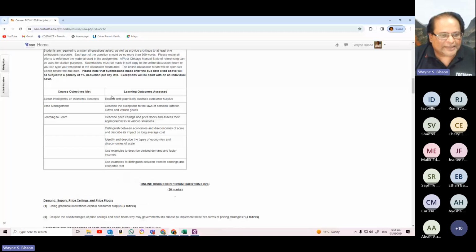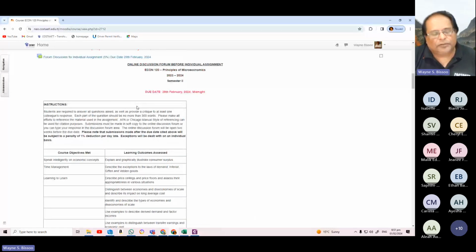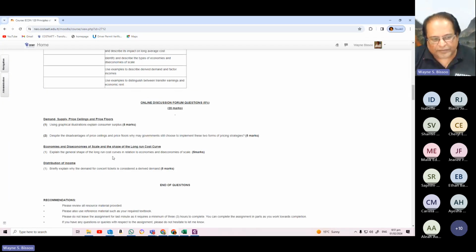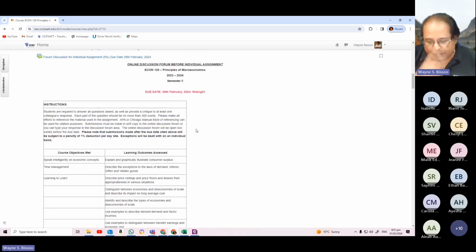Now, one of the key things I'm going to be looking at in your forum discussions is the way in which you do citation, because the questions themselves are not difficult, but how you do your citation and citation notation is going to be critical for me, because I find that is where most students have the biggest challenges when it comes to doing academic work. How many of you in this class have already done Libs 130?